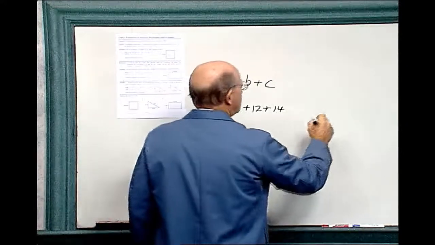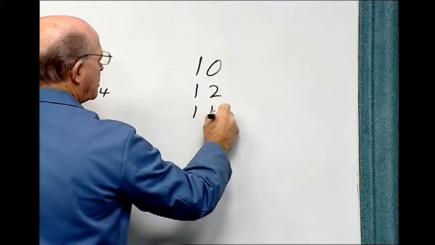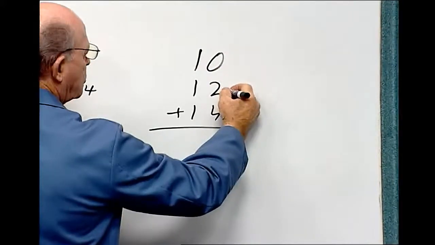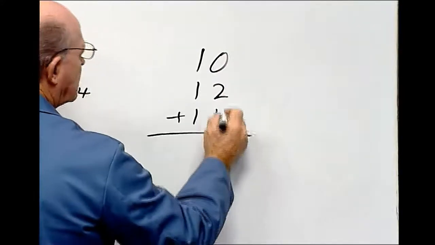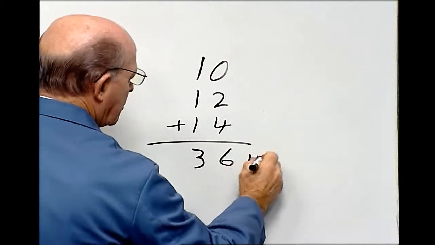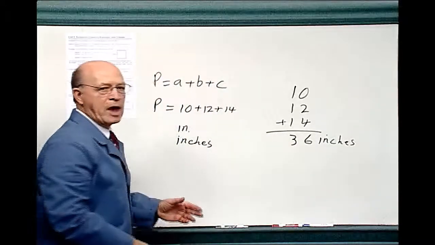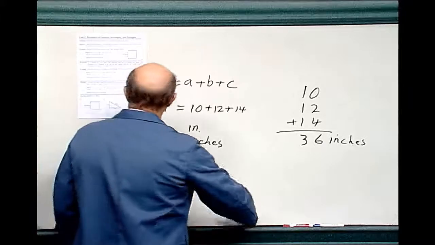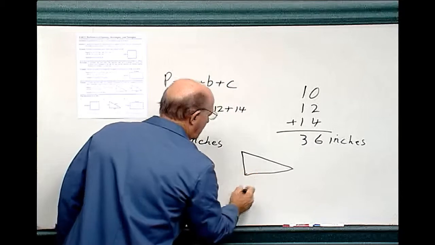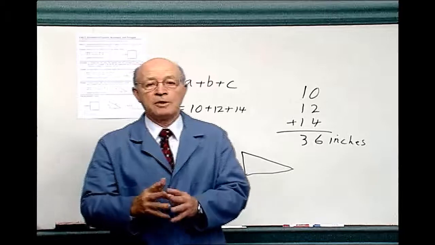So let's add them together. 10 plus 12 plus 14. 0 plus 2 is 2. 2 plus 4 is 6. 1 plus 1 is 2, plus 1 is 3. So the perimeter of the triangle, let me just draw one over here, is 36 inches.